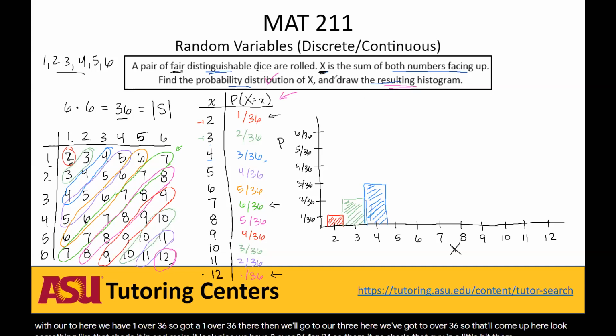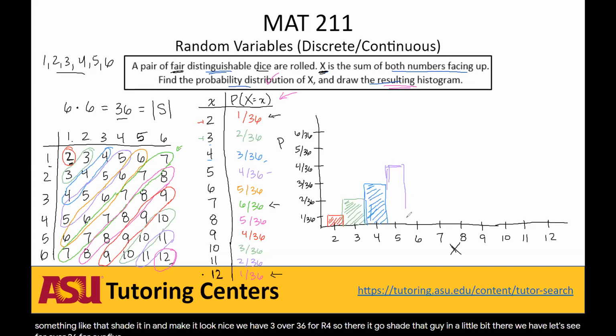We have, let's see, 4 over 36 for our 5. There we go. Hard to draw with tablets. All right, and then for our 6, we have 5 over 36. So something like that. There we go.